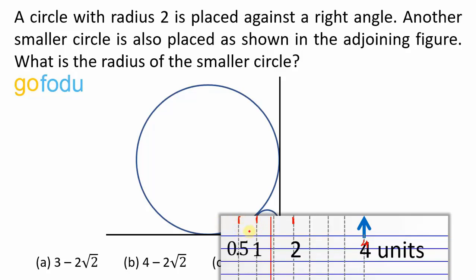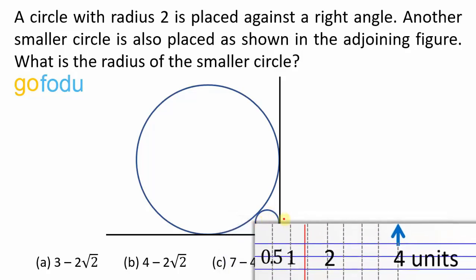Now that you have turned your paper into a scale, into a ruler, you can put it on the diameter of this smaller circle. We can put it across the diameter of this smaller circle and mark the diameter on this paper. From this corner till here is the diameter of this smaller circle, and it is approximately between 0.5 and 1.